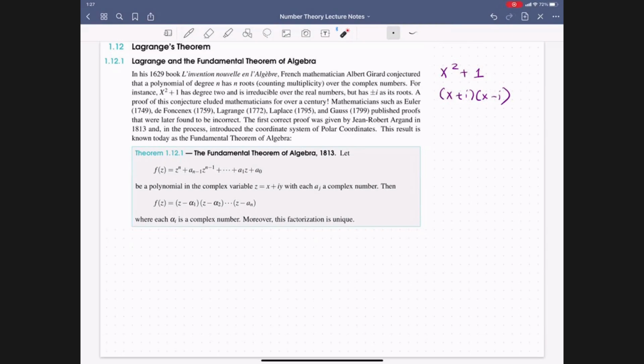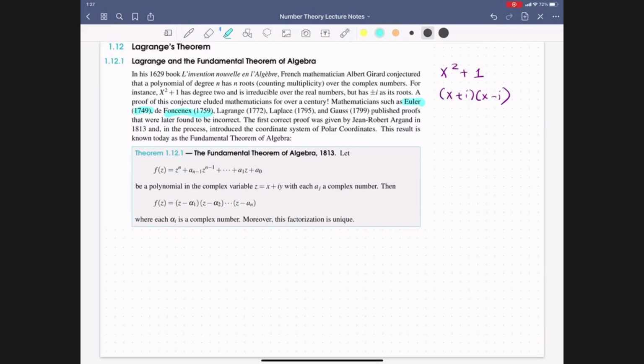Its story actually has several famous mathematicians who thought that they had proved this conjecture, only to be found in error later. Euler gave an incorrect proof in 1749. De Fontenay in 1759 also gave an incorrect proof.